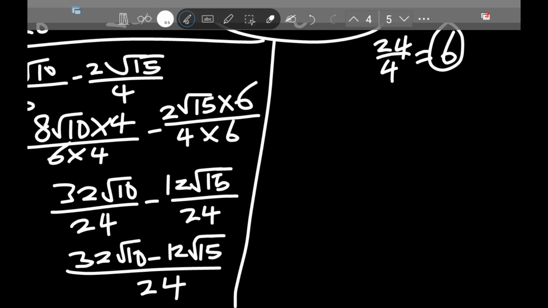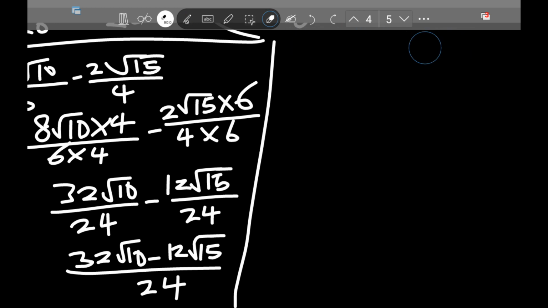So now at this point, let's see if we can reduce the expression we see at the top. Can we reduce it? Yes, we can, because 4 goes in 32 8 times, and 4 also goes in 12 3 times.